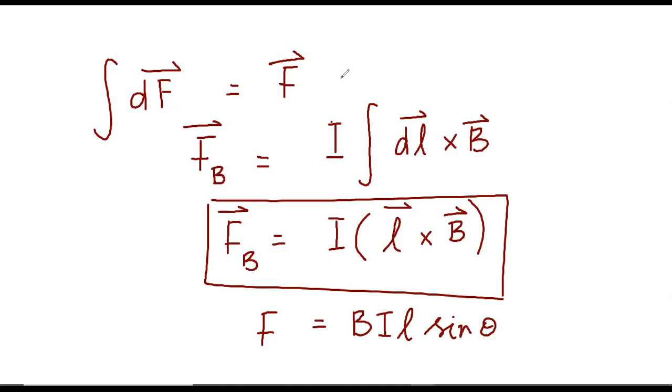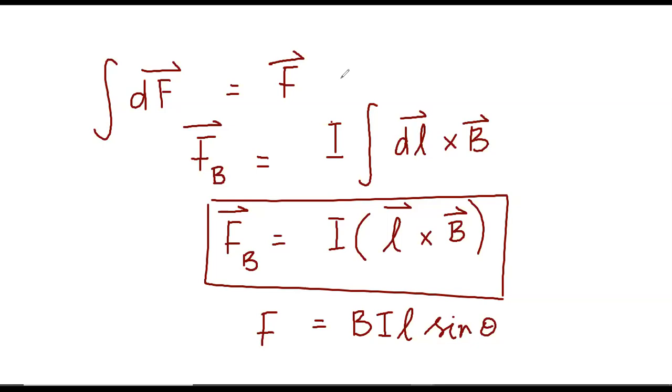So F is equal to BIL sine theta becomes the force that is going to be experienced by a current carrying conductor placed in a magnetic field. And again, the direction of this force is going to be found either using your Fleming's left hand rule or using your right hand palm rule. Hope Lorentz force is very clear.